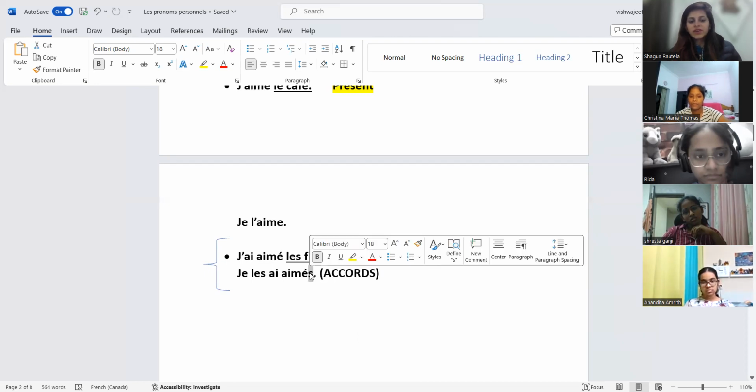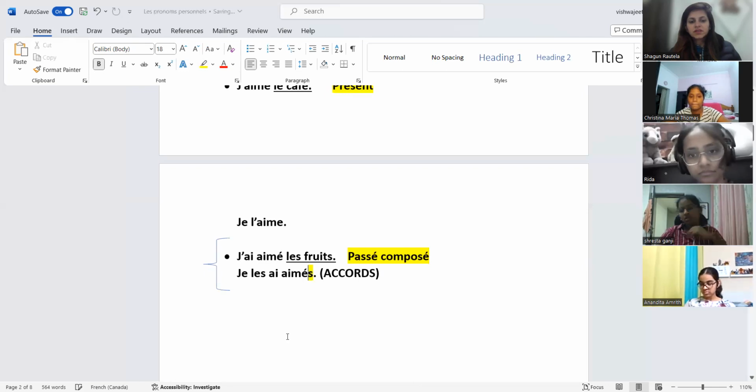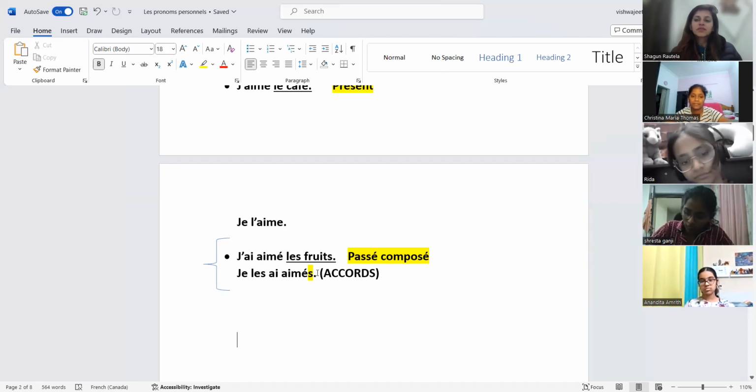And what is happening here? What is this? An S is added because LES is plural. Yes, LES is plural and fruit, S is added because of what? Okay, Anandita, do you know?